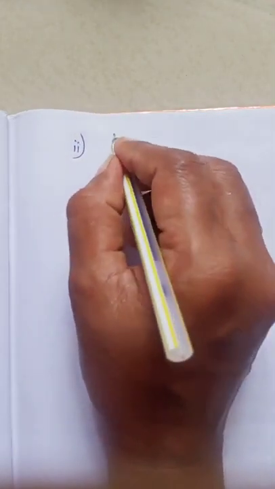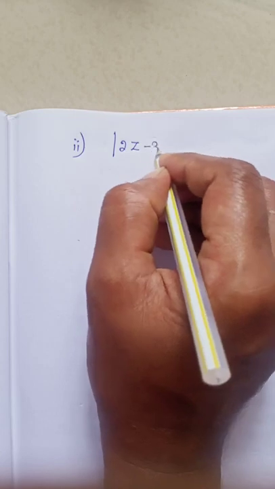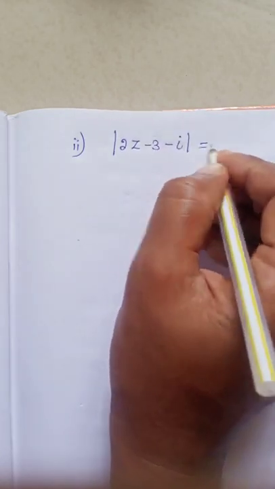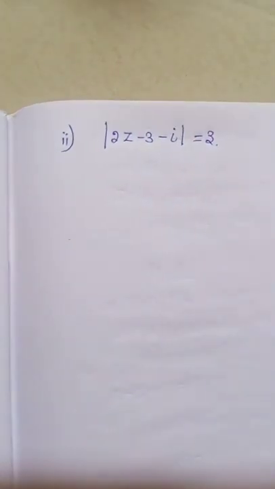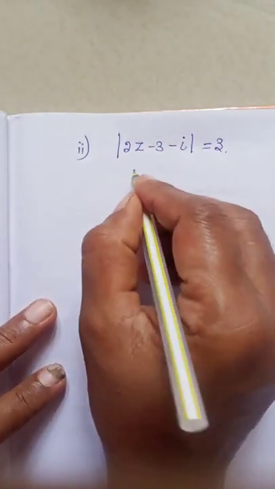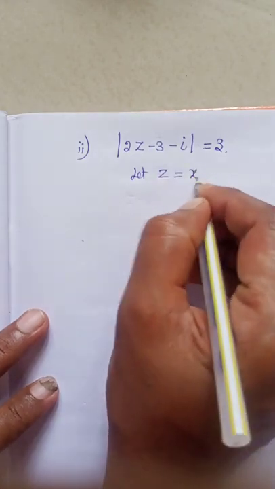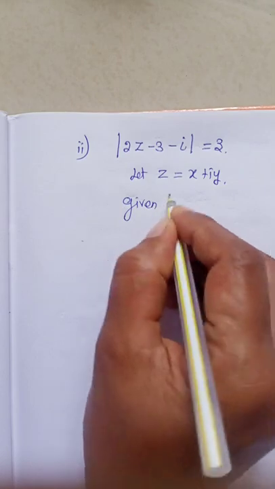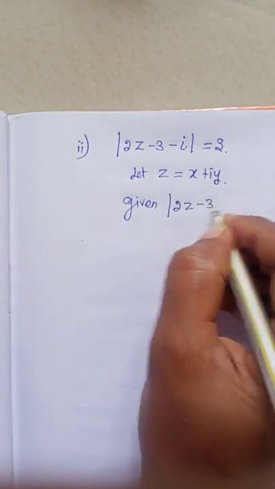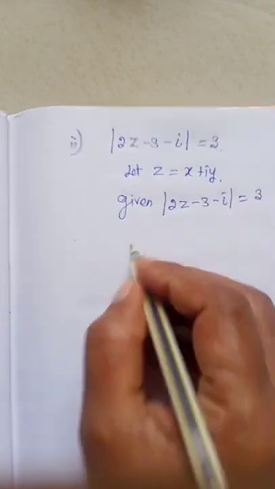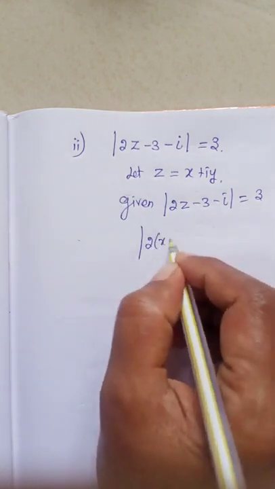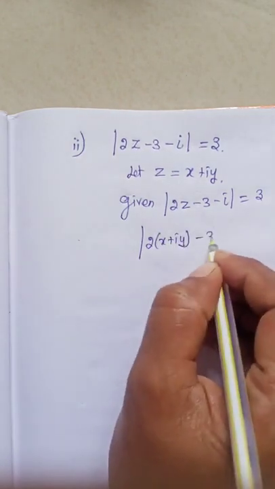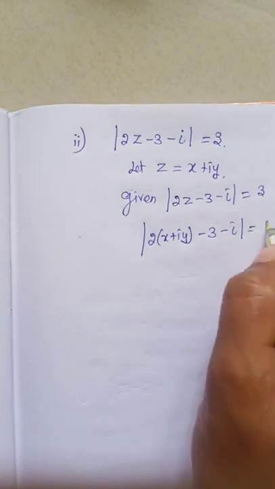See, subdivision 2, the given condition is modulus of 2z minus 3 minus i is equal to 3. Here also we can take z is equal to x plus iy. So, given modulus of 2z minus 3 minus i equal to 3. Substitute the value: 2 into (x plus iy) minus 3 minus i is equal to 3.